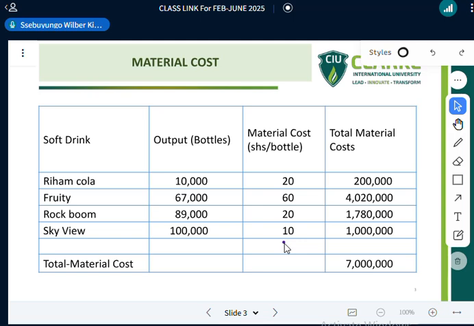Here in costing, to get prices, transforming all costs to be per unit item, or per bottle in this case, is very key. So when we see material cost per bottle, we don't need to calculate it again, because we have already reached per bottle. So the material cost is already covered. You can take note of the material cost per bottle.